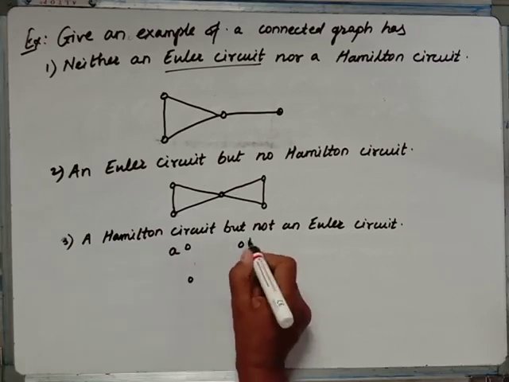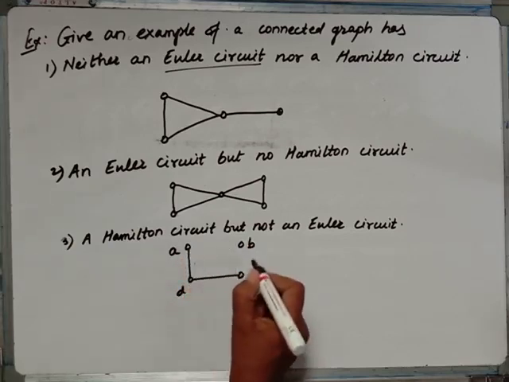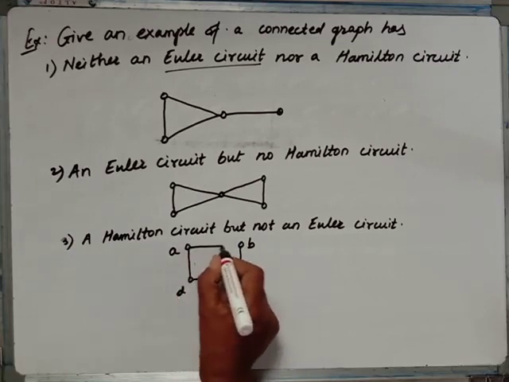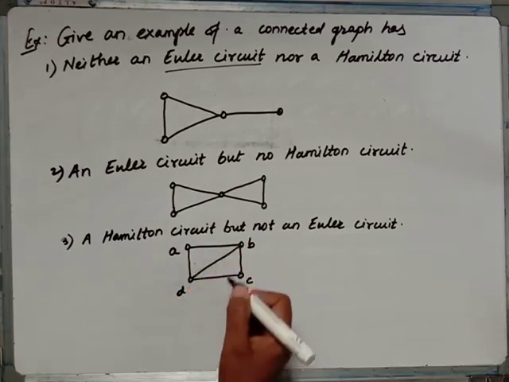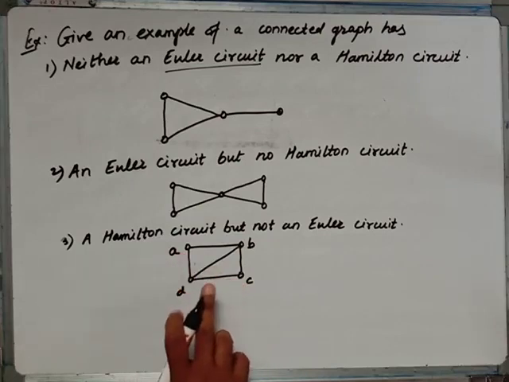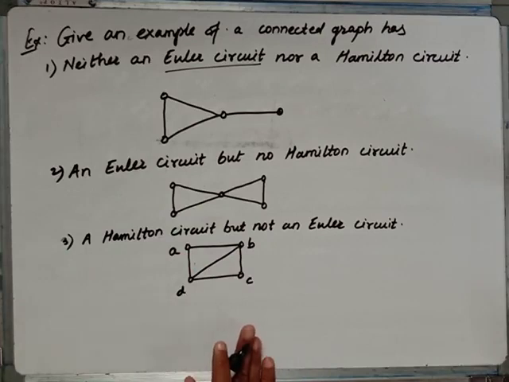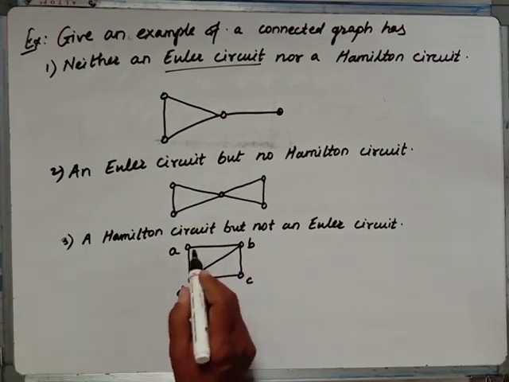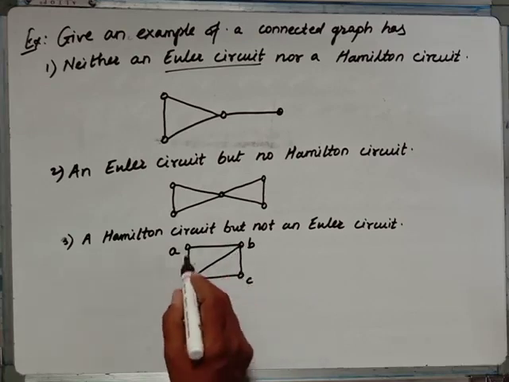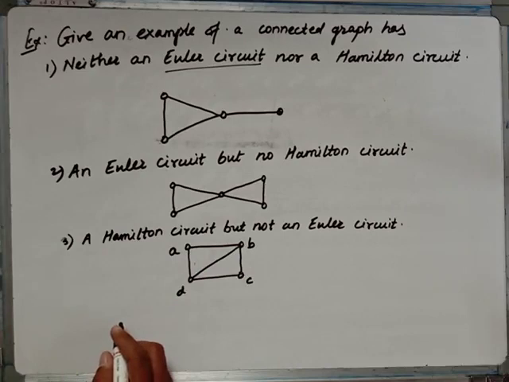Suppose A, B, C, D, if you remember. I taught that time also. Look at this, A and C have degree 2, but D and B have degree 3. So we don't have an Euler circuit, but there is a Hamilton circuit. We can go from A to B, C, D, A. So it will give us a Hamilton circuit.